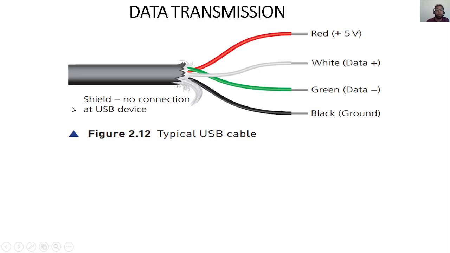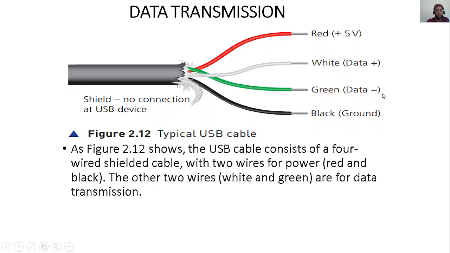So this is basically the construction of a USB cable. It has a red wire that is plus 5 volts, a white wire that is data positive, a green wire that is data negative, and a black wire that is the ground wire.